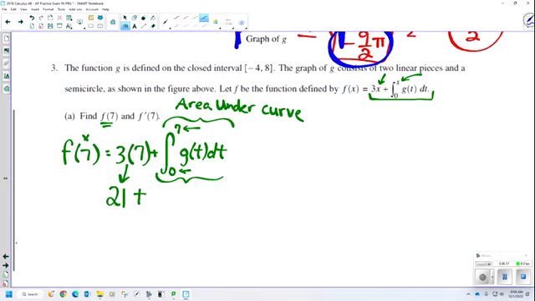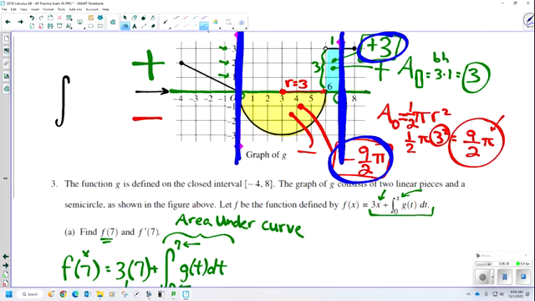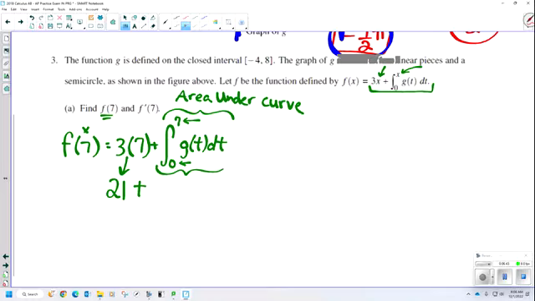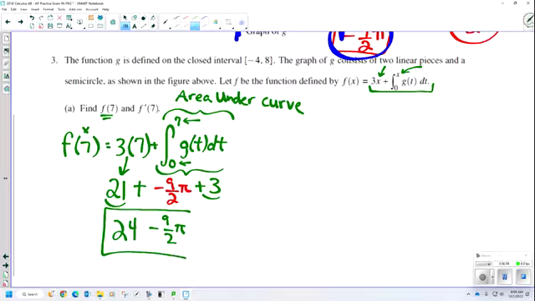The area of the semicircle, I should do that in red, was negative 9/2 pi, and the area of the rectangle was 3. The only thing I can combine here is 21 and 3. That gives me 24 minus 9/2 pi. That is a good evaluation of f of 7.